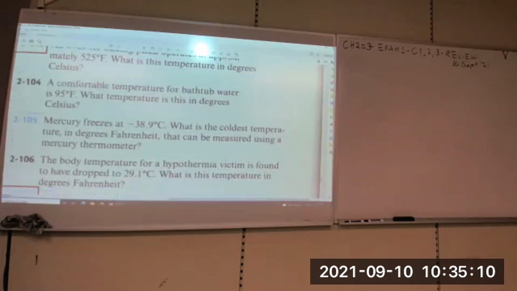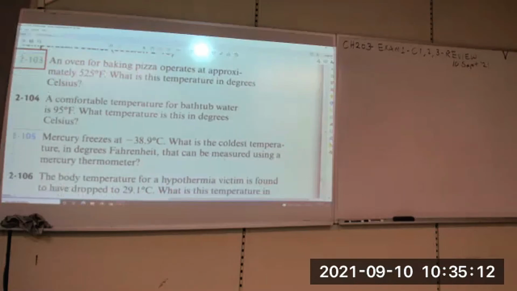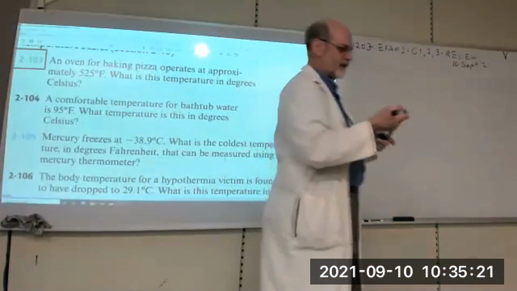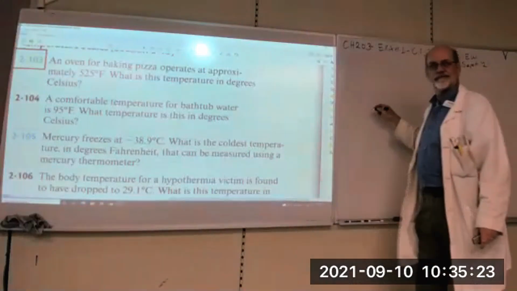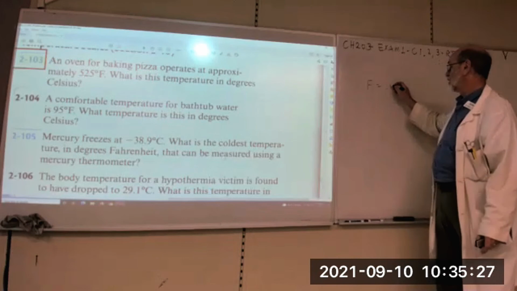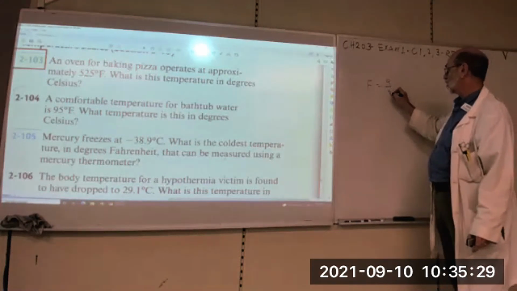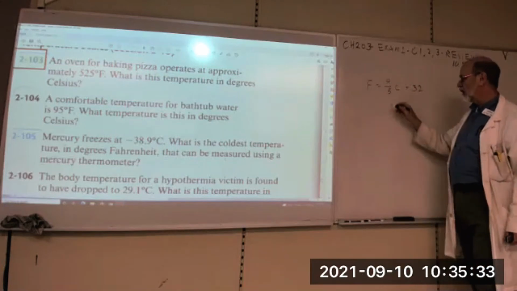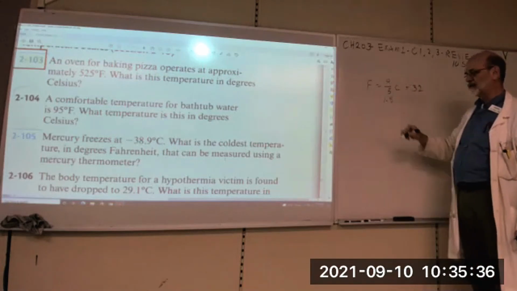Temperature scales. Anybody have trouble with temperatures? All right. How do you convert between Celsius and Fahrenheit? The one that I remember is Fahrenheit equals 9/5 Celsius plus 32. Or your book might say 1.8.